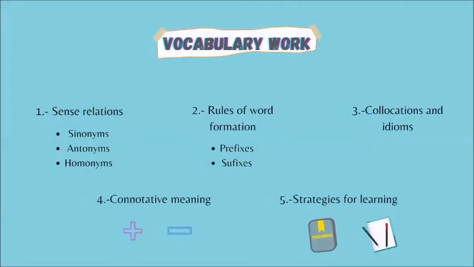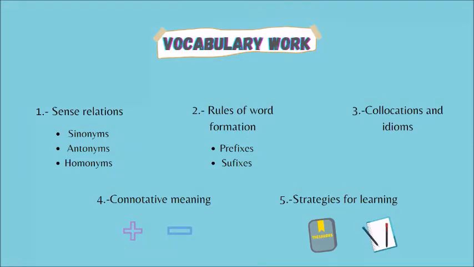Here we have some vocabulary work. First, we have sense relations: synonyms, antonyms and homonyms are the words that you can find from one specific word. Then we have rules of word formation, which need adding prefixes or suffixes in order to create a new word.